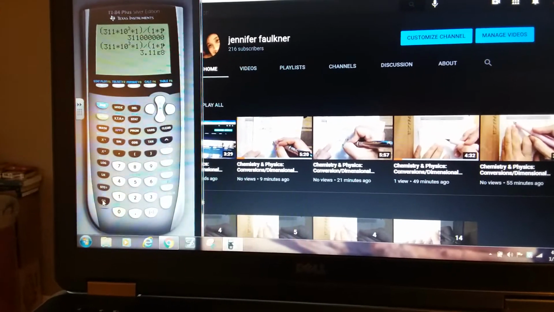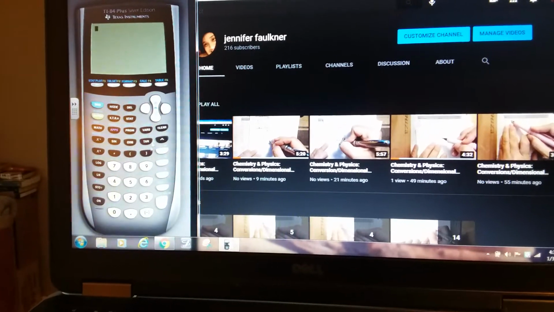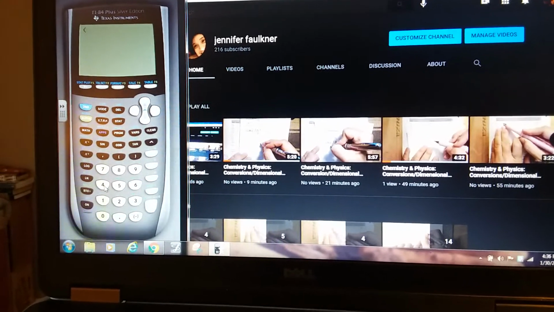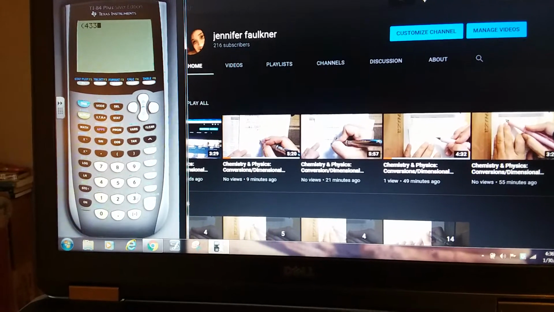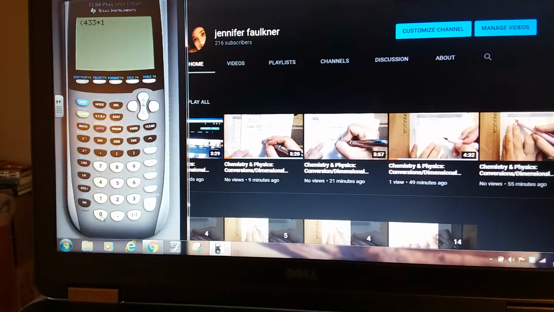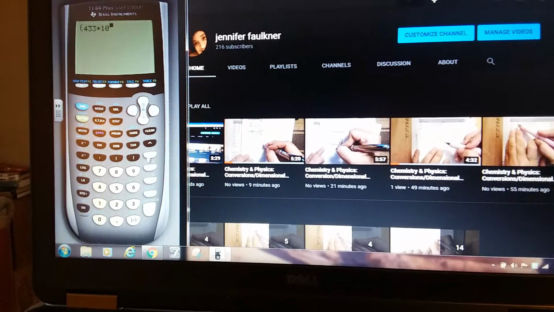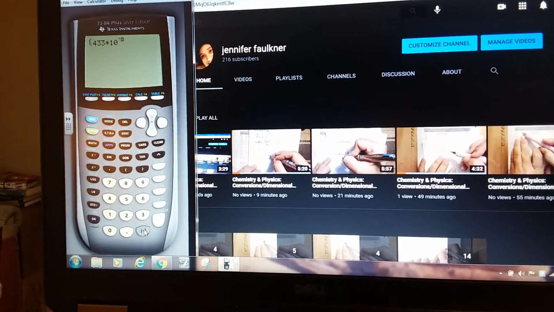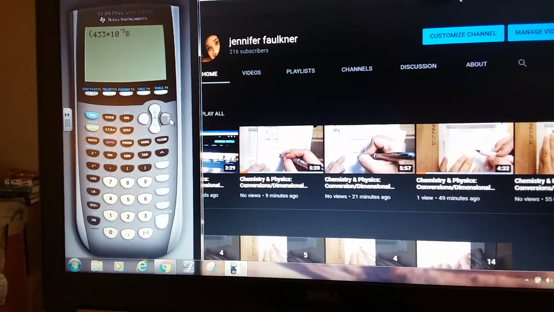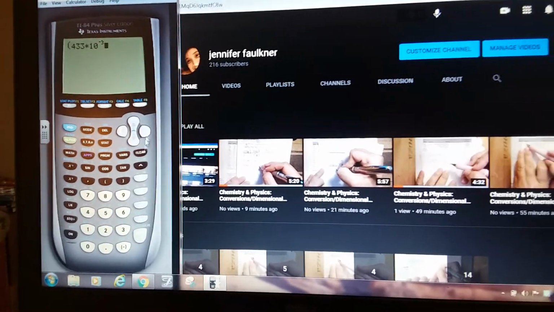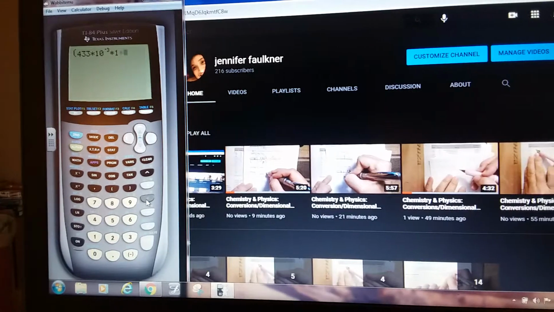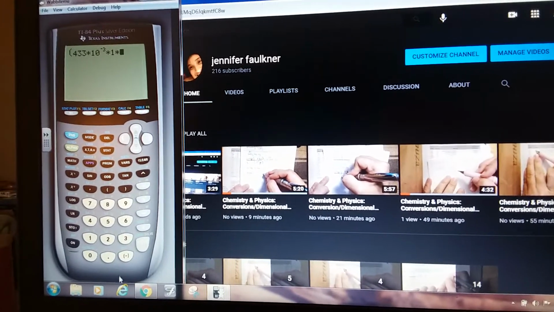Okay, so I've got it on, I'm going to clear the last work, open parenthesis, and then 433 times 10 raised to the negative third. You see that little guy's still high up, so we're going to hit the right arrow to bring him down, and your calculator may not have to do that. Times 1 times 2.205.